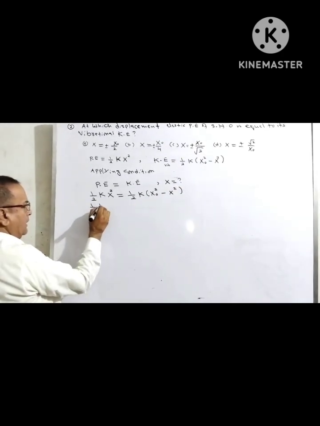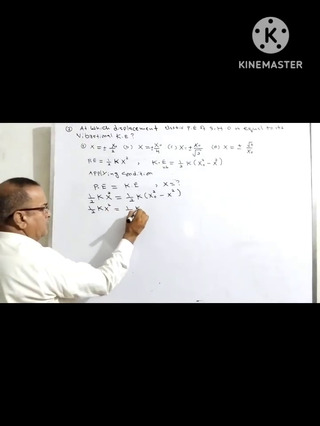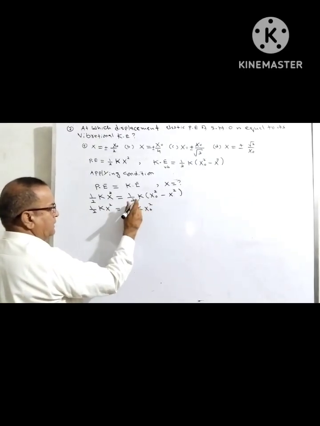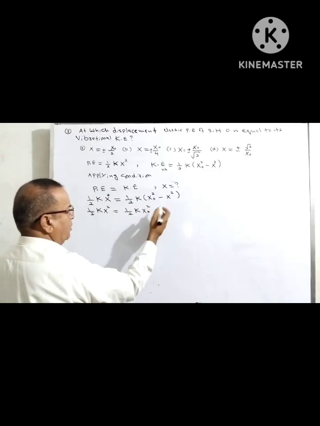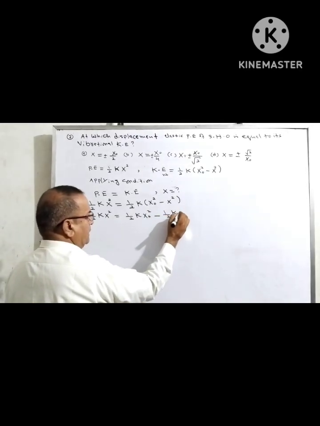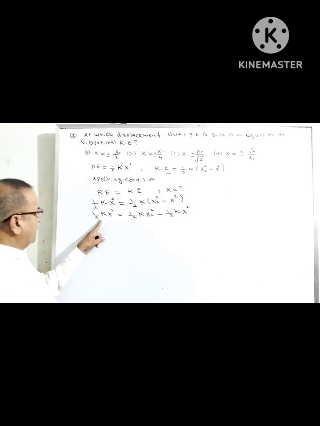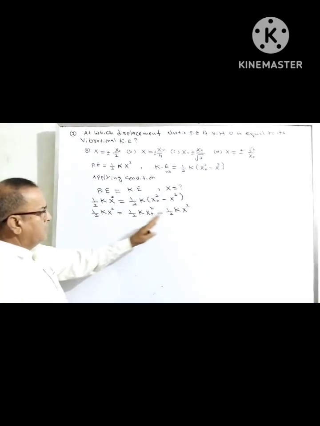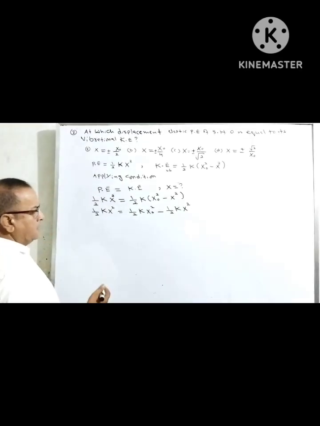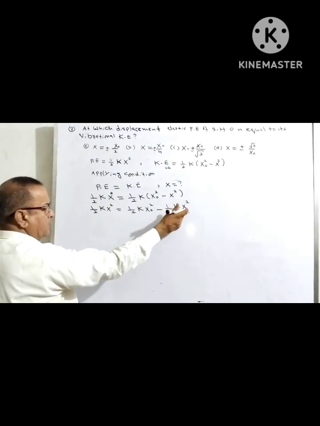Multiplying 1 by 2 k with the whole bracket, we will get 1 by 2 k x naught square minus 1 by 2 k x square. We cannot cancel 1 by 2 k x square on the left side and 1 by 2 k x square on the right side, because we have to find the x.